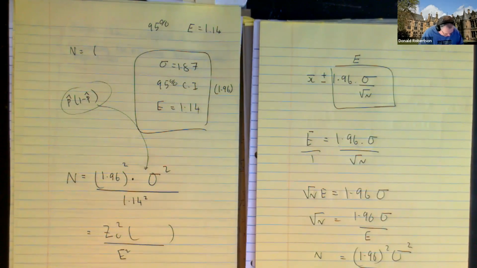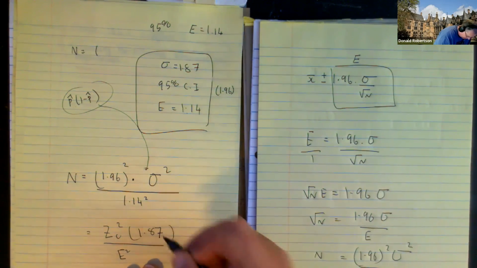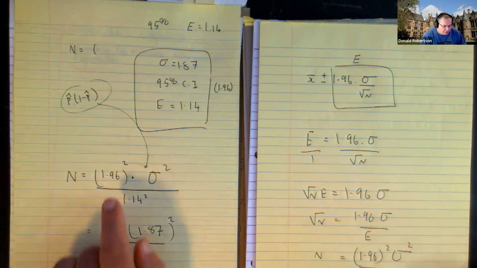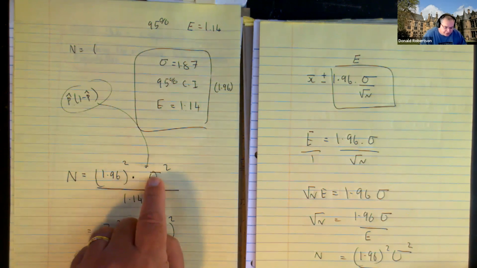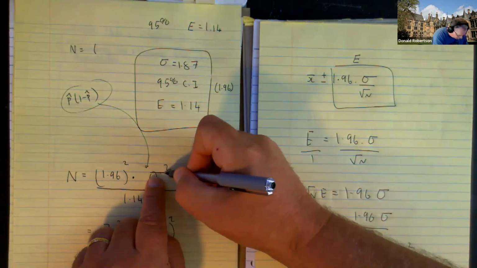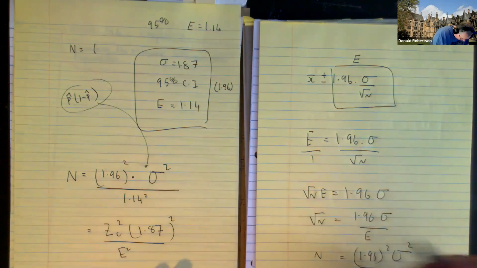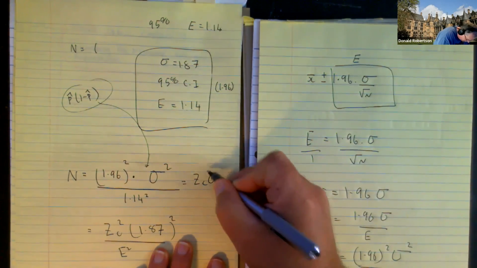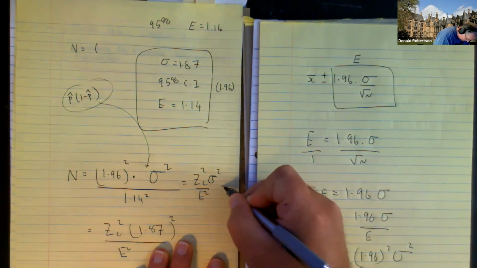You put sigma there, so you put in 1.87 in this case, squared. So the magic number squared times the standard deviation of the population squared, divided by the margin of error squared. The general version of that formula would look like this.